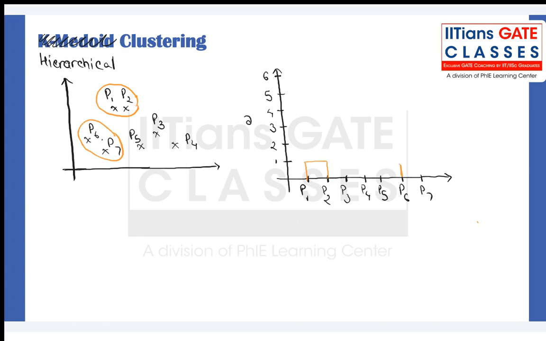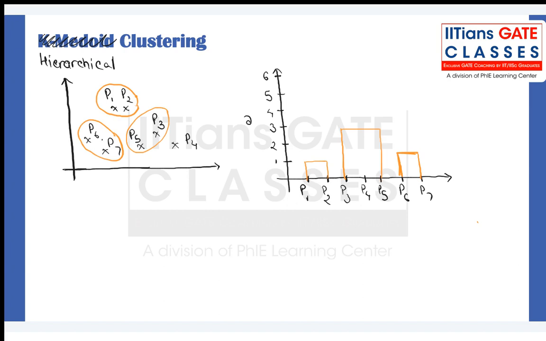So the algorithm works out: you consider the shortest distance first between 2 points, which is P1, P2 in this case, then the next shortest, and so on. Okay, this was the first iteration.